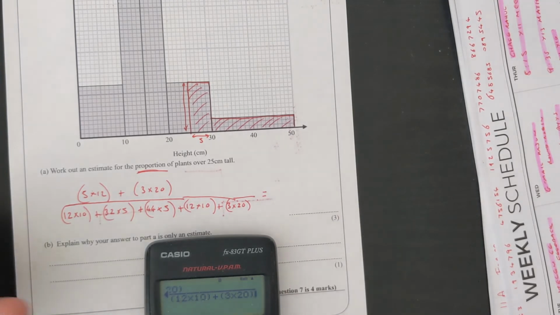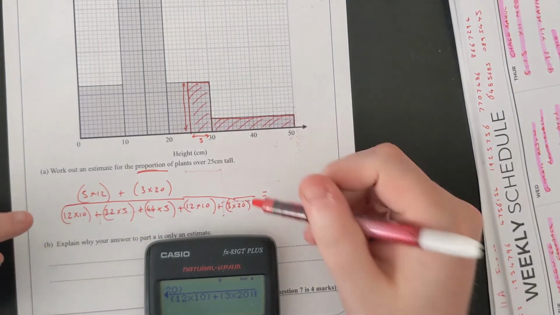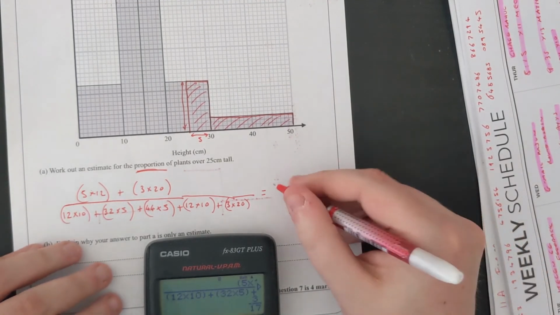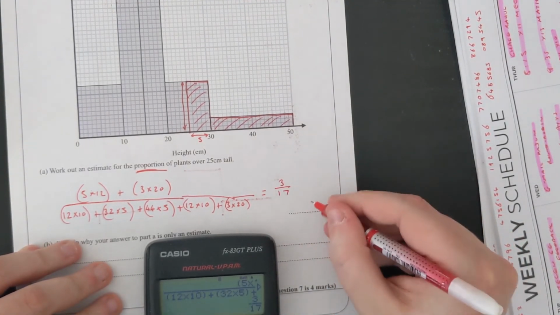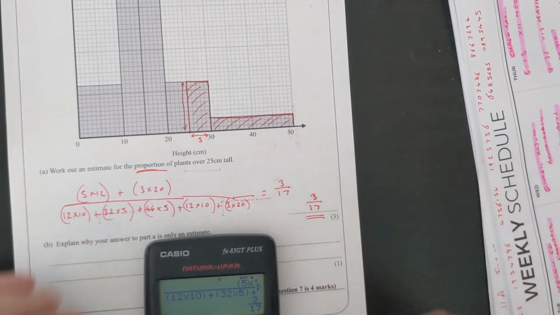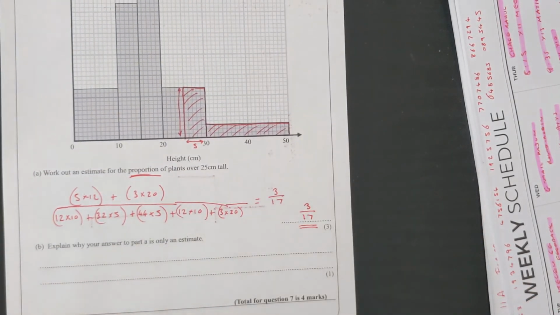And of course, to make that a little bit quicker for yourself, you could always simplify the ones that you can do in your head very easily. Giving me, in total, 3 over 17. So the proportion of plants over 25 centimetres tall is estimated to be 3 over 17.